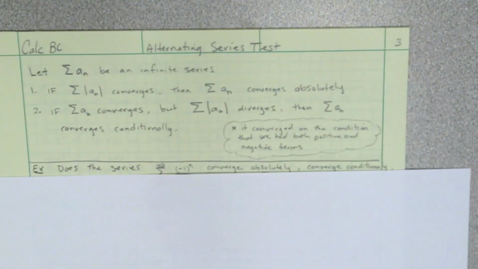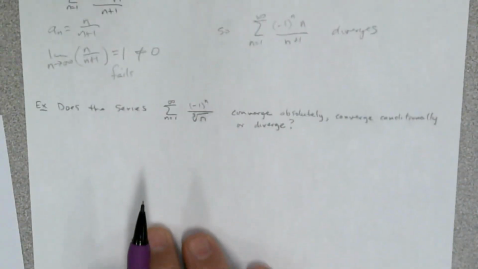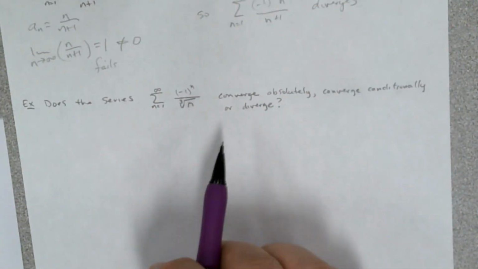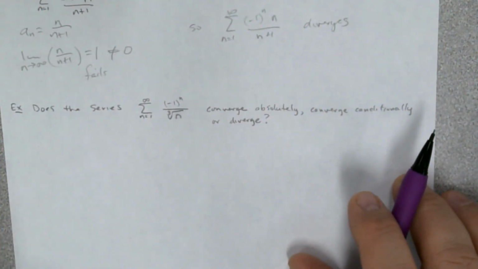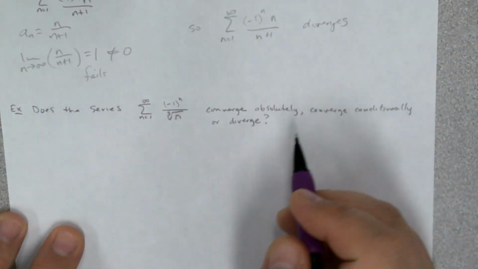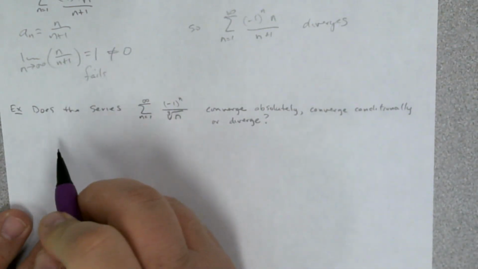Let's look at another example. Does this series converge absolutely, converge conditionally, or does it diverge? We can go through the process here and apply the alternating series test.